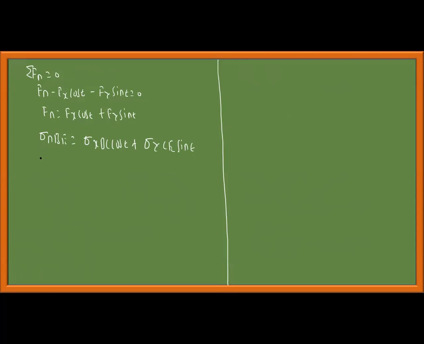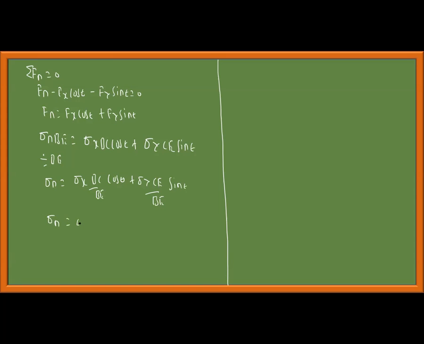Or if I divide throughout by b, sigma n is equal to sigma x bc by b cos theta plus sigma y ce by b sin theta.